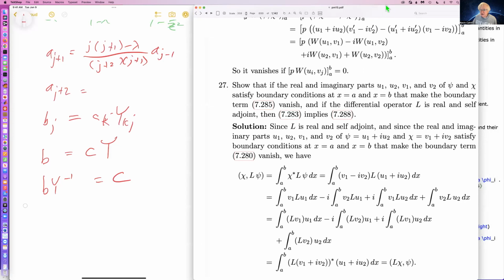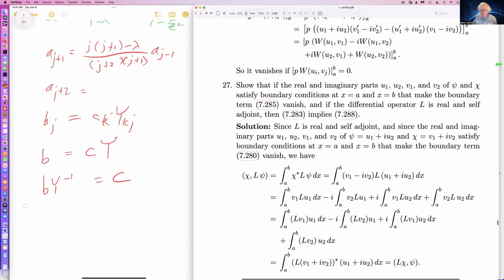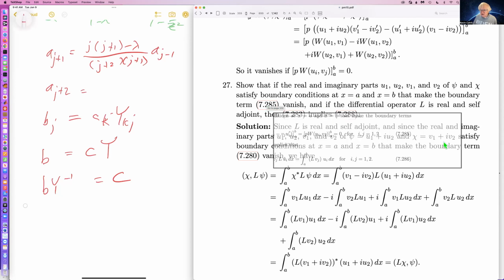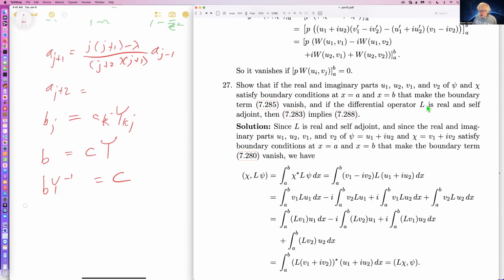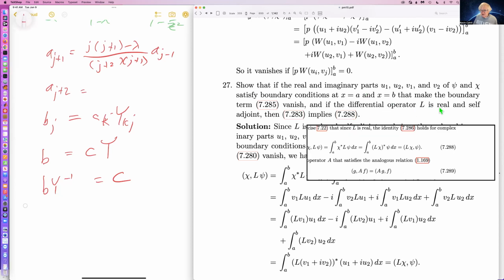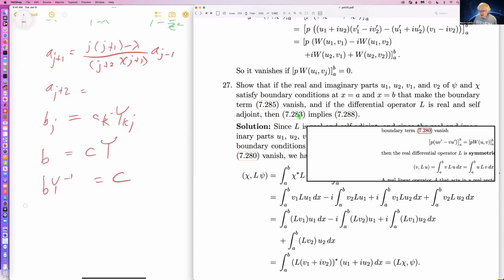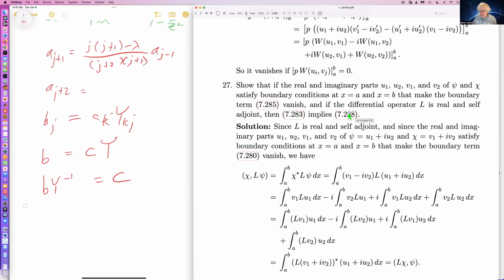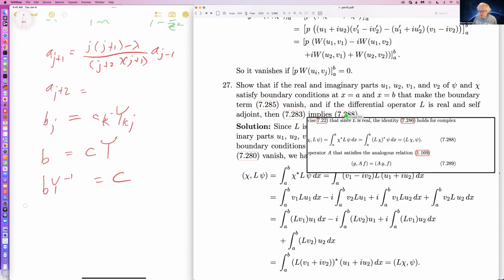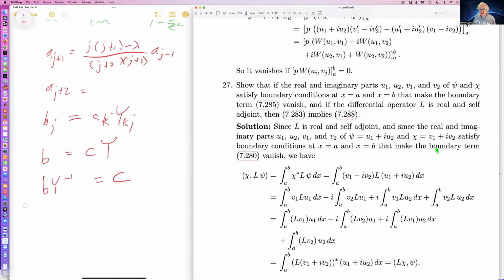Let me just move this; I'm trying to get everything on the screen. So here, suppose that the real and imaginary parts of psi and chi satisfy the boundary conditions that make the Wronskian vanish. And if the differential operator L is real and self-adjoint, then this equation, V L U, implies the complex version of that.